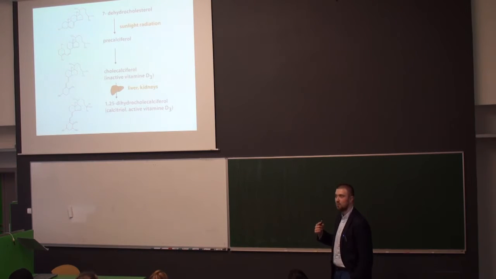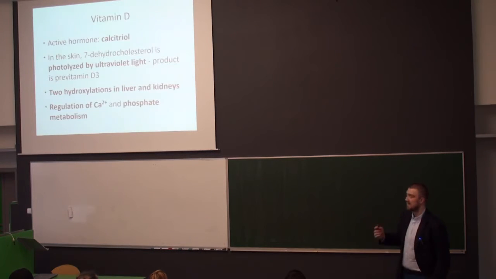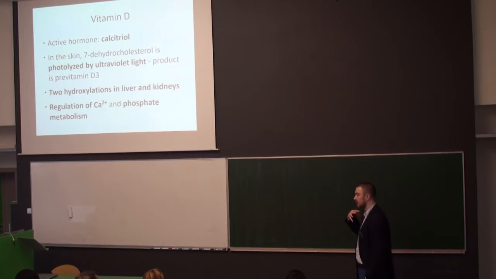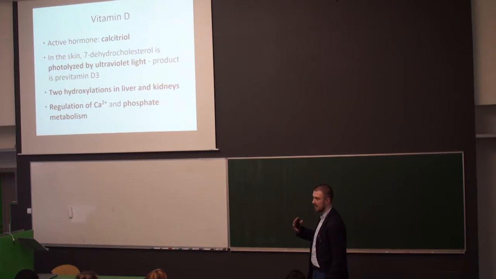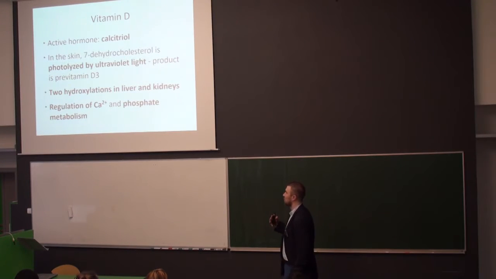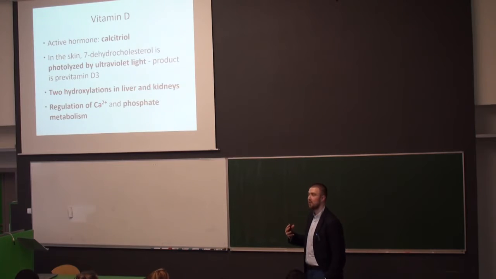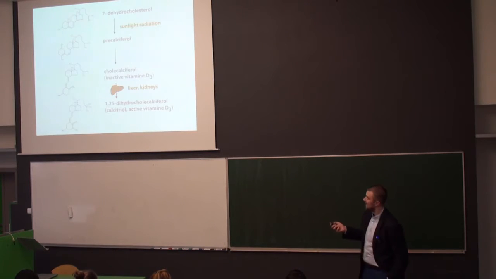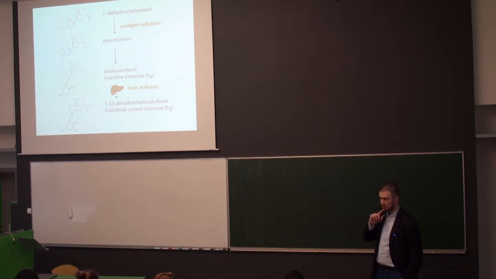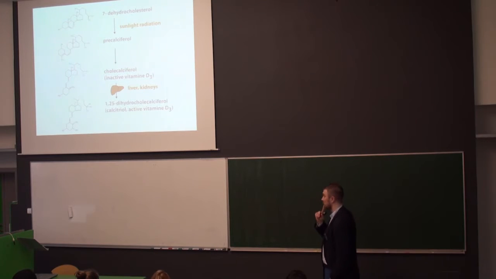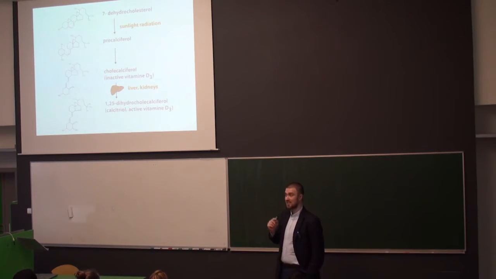Since in our body we can produce it, vitamin D we have from food stores, or we can produce it in the body. It's produced from an intermediate of cholesterol synthesis that's called 7-dehydrocholesterol. But why is it not a steroid hormone? Since in the first step you do the photolytic cleavage and you cleave the steroid core, one ring in the steroid core.